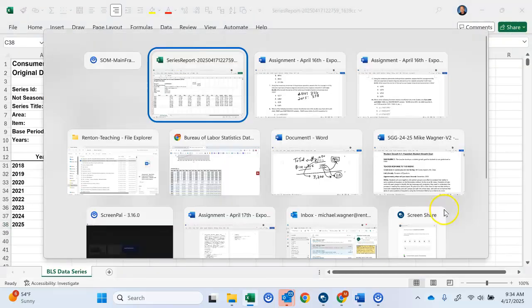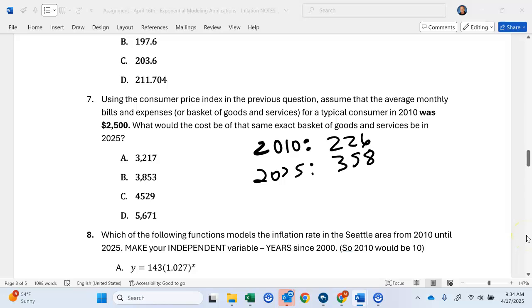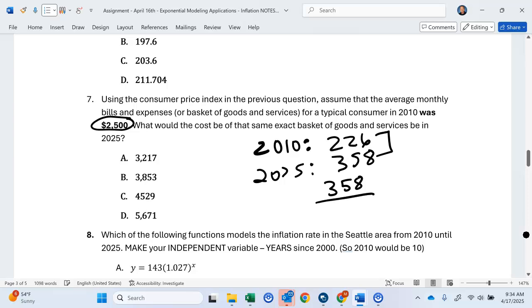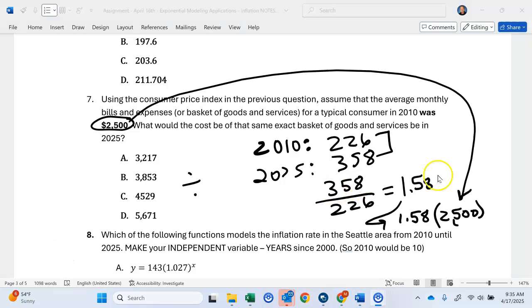Yes, okay. So what that means is I need to figure out what the monthly cost is for somebody with $2,500. So I need to figure out how this changes. What I'm going to do is take 358 and divide it by 226. If you do that on your calculator, you should get 1.58.